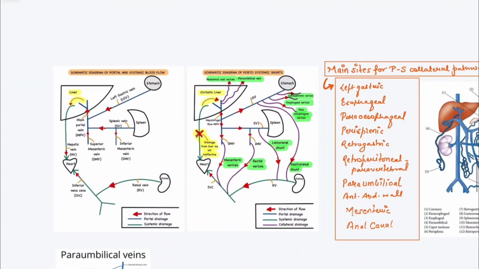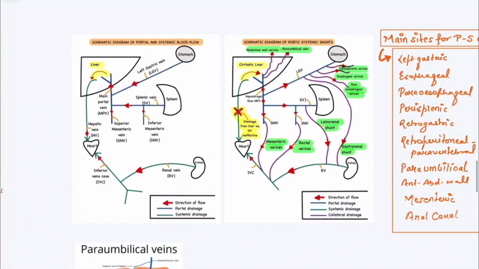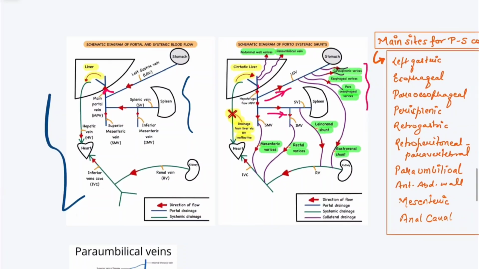These are the portal and systemic drainages having communication at various sites. The direction is normally hepatopetal, but when the direction reverses, there is hepatofugal flow, then these channels open and there is development of collaterals, varices and shunts.